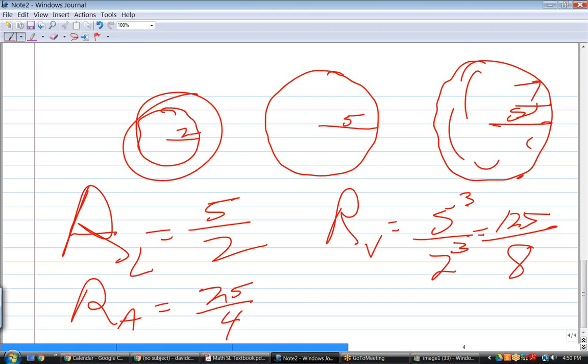If I go from 2 inches to 10 inches, I've increased the linear ratio by a factor of 5, but I've increased the volume by 125. They don't have big enough legs to support that kind of weight. So it's hard to have giant things on planet Earth.